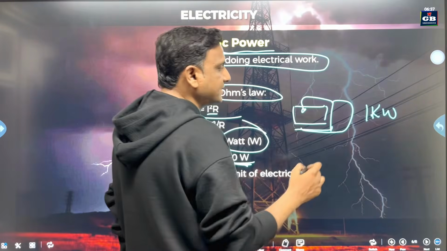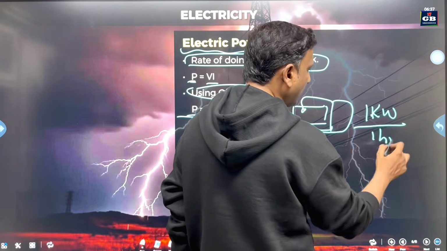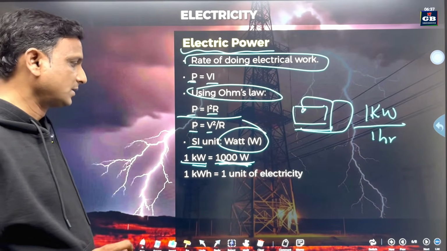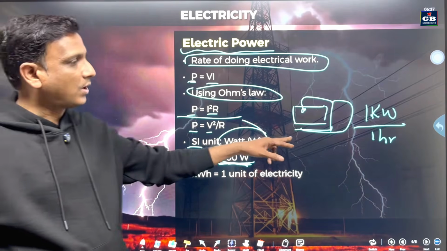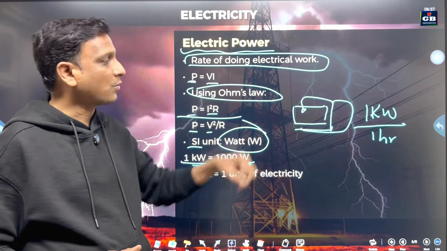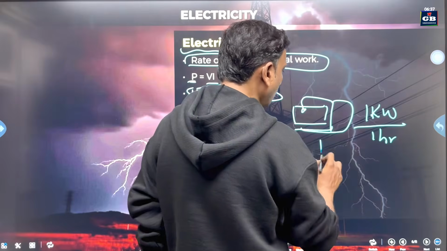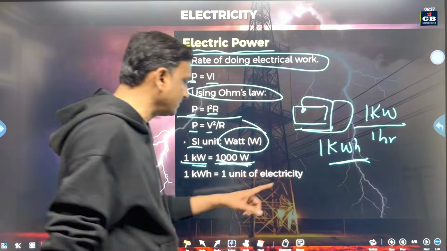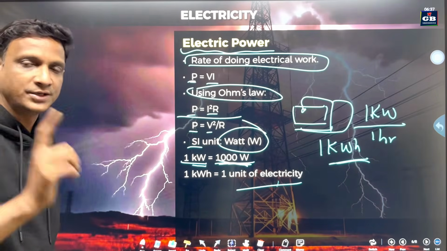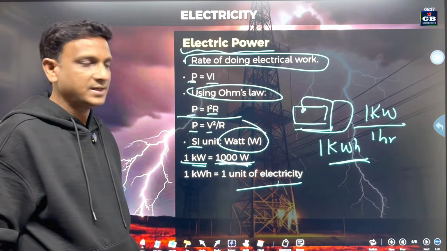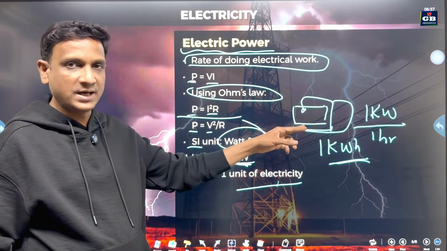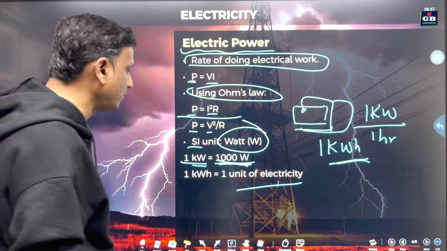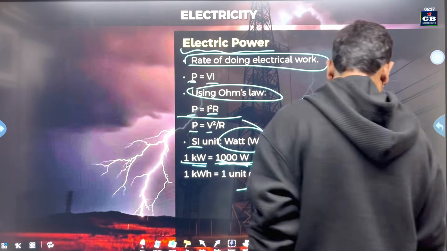If this grinder is run for 1 hour, 1 kilowatt per 1 hour. Okay. So a 1 kilowatt appliance running for 1 hour is called 1 kilowatt hour. That means 1 unit is consumed. Okay. If its capacity is 1 kilowatt, that means in 1 hour it consumes 1 unit of electricity, right?